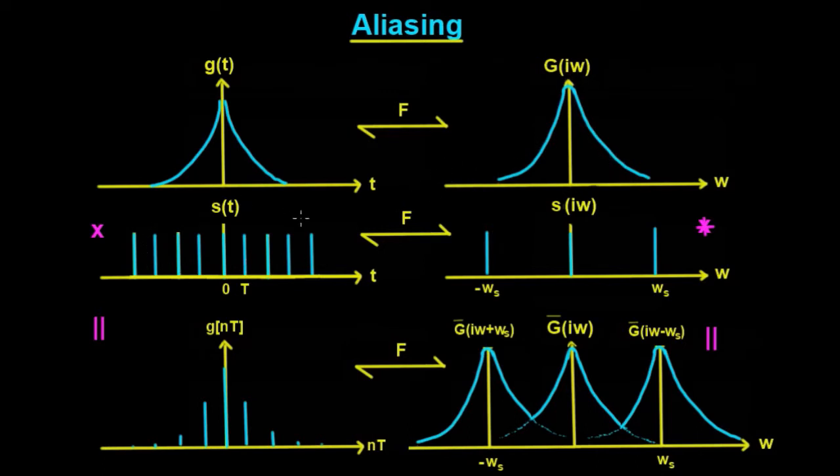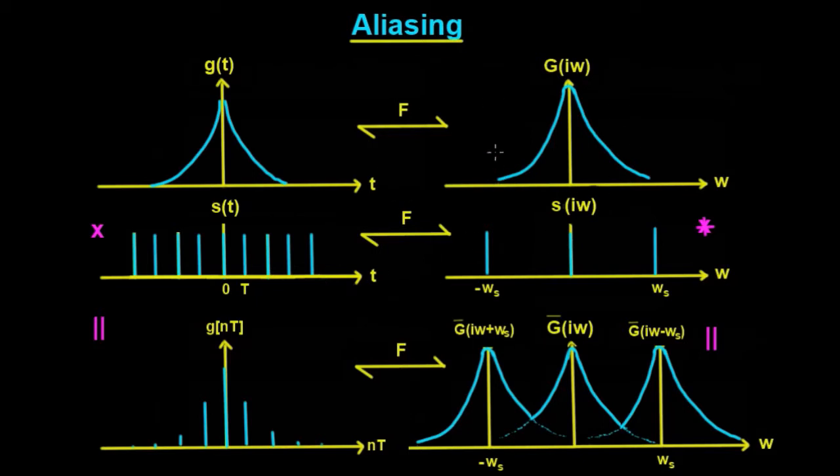We've seen as well, whenever we Fourier transform our impulse train in time, it gives us an impulse train in frequency, separated by a period which will be a value of omega s. And this omega s and the t here are related because omega s equals 2 pi upon t.